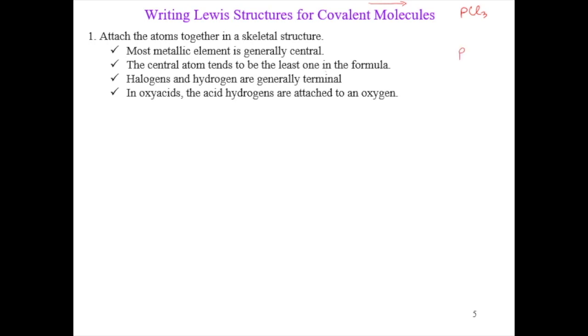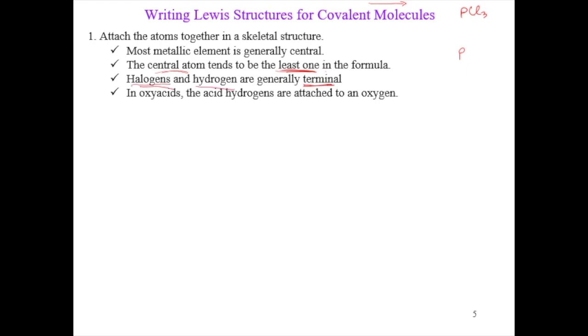The other rule gives you another hint: the central atom usually tends to be the least one in the formula. Here we have only one atom of phosphorus and 3 atoms of chlorine, meaning the least number of atoms are present for phosphorus. So phosphorus will be in the middle. The rule also tells you halogens and hydrogens are generally terminal.